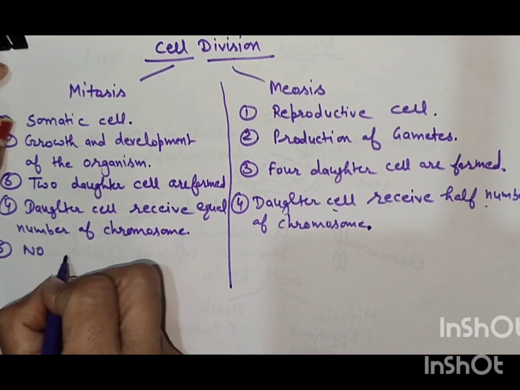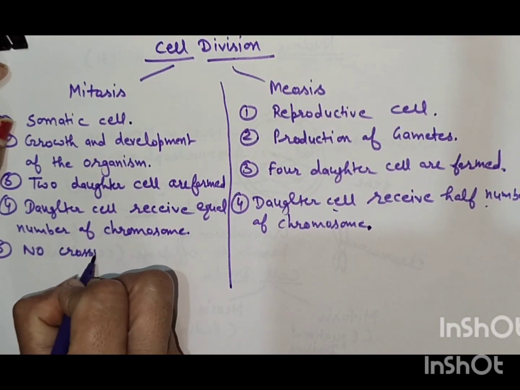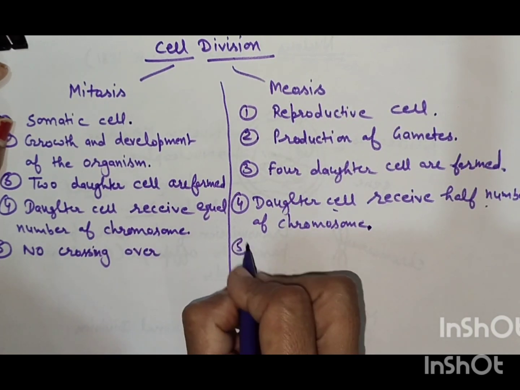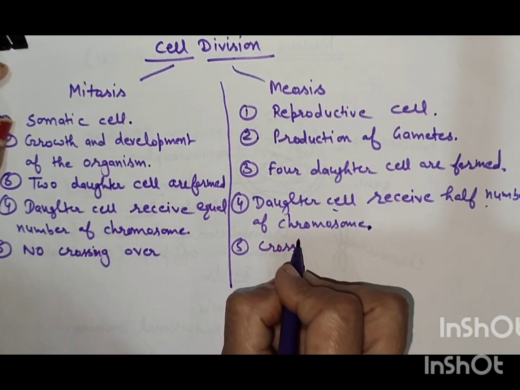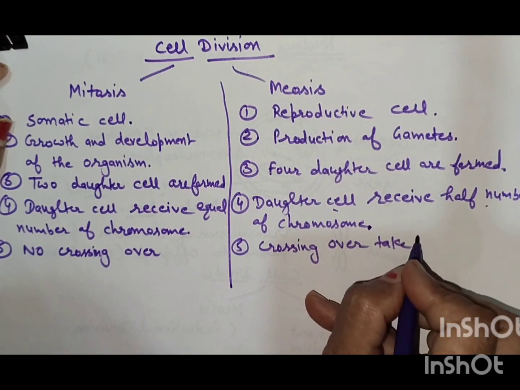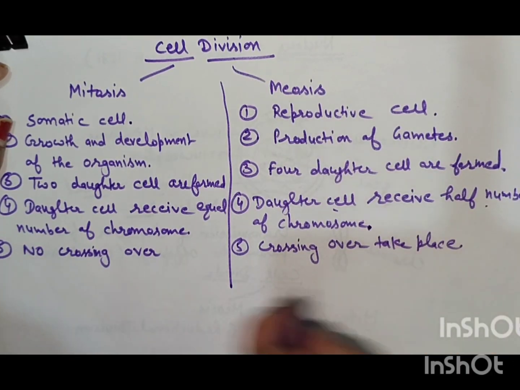In mitosis, no crossing over takes place. In meiosis, crossing over takes place between the chromosomes.